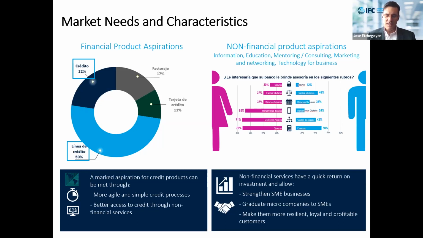What's interesting is that we consistently saw that SMEs, and in particular women SMEs, have pretty homogeneous aspirations in terms of what sort of products they needed. First, they mentioned a line of credit. And what's the difference between a line of credit and a credit? The line of credit is a revolving credit facility where you pay a percentage of what you use.